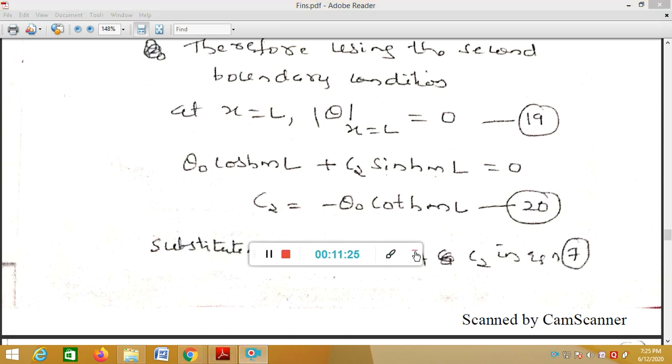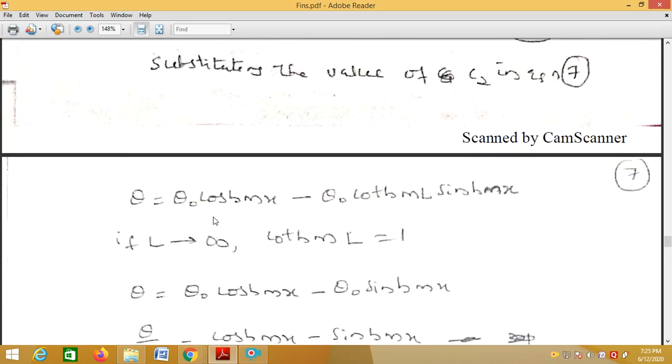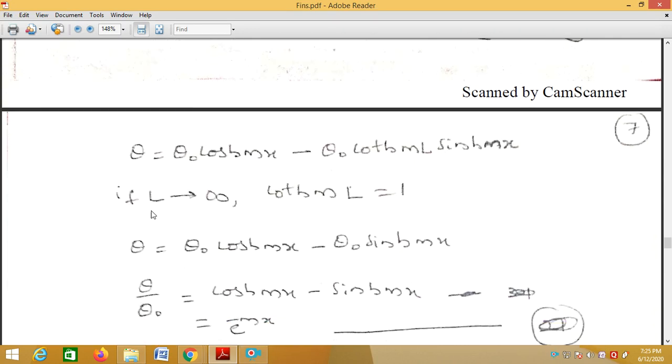Substituting the value of C2 in the equation for temperature distribution, you will get theta equal to theta 0 cosh mx minus theta 0 coth mL sinh mx. If L tends to infinity, coth mL equal to 1.